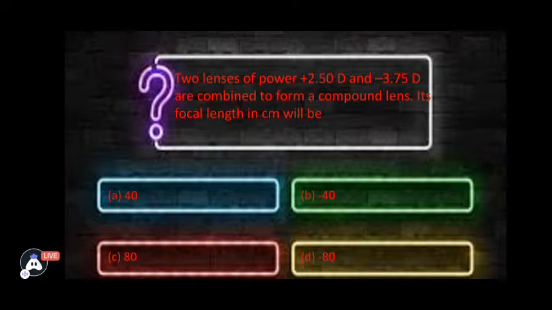Now, what will be the focal length of the compound lens, which is a combination of these two? Think about it. I'm giving you some time. You need to tell me the focal length of the combined lens.